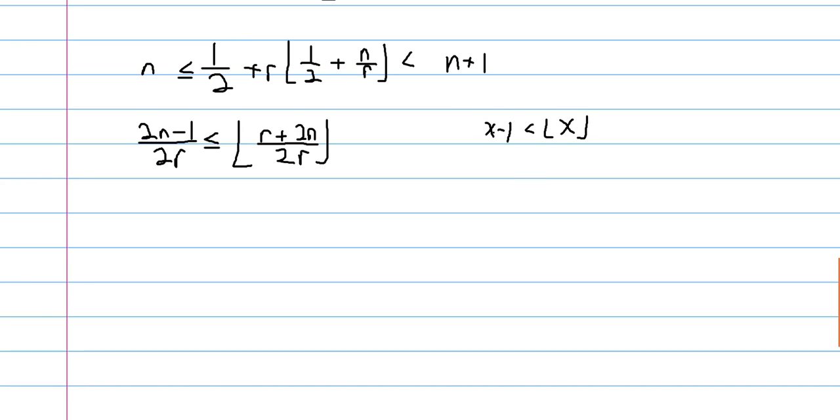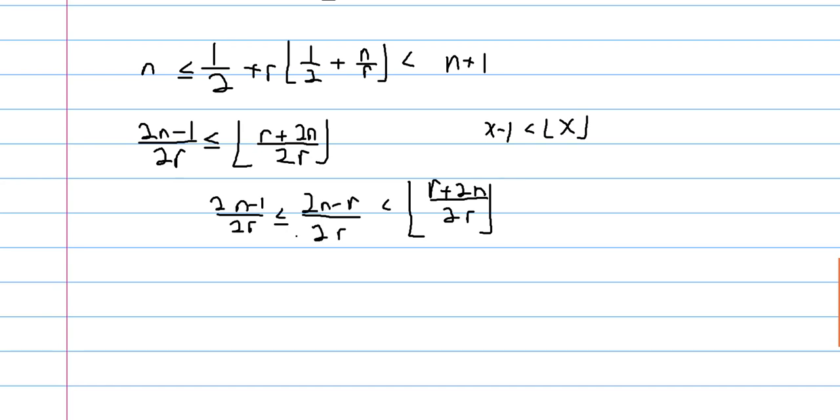If you were to graph x minus 1 and the floor of x, you would see that x minus 1 passes through all of the open holes of floor of x. So we know that then r plus 2n over 2r, this is the floor of x, so this is greater than 2n minus r over 2r. And so I just subtracted 1 from here.